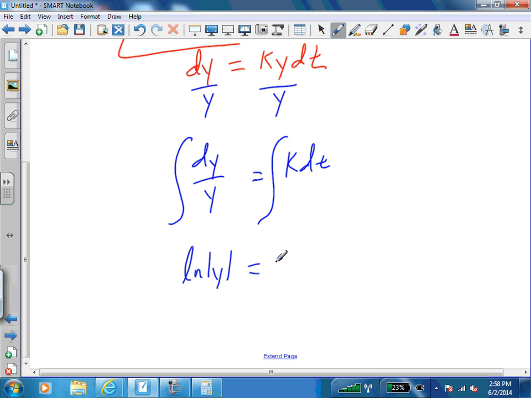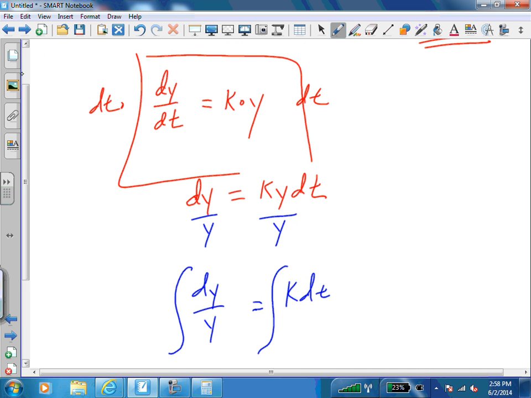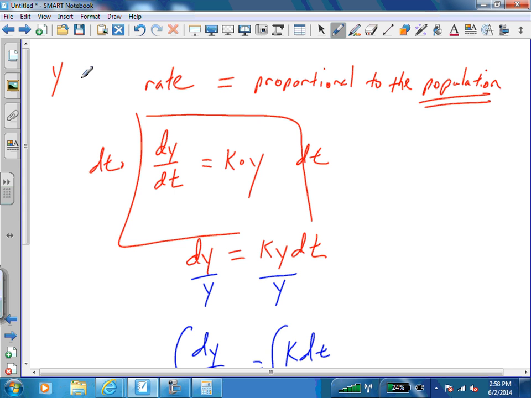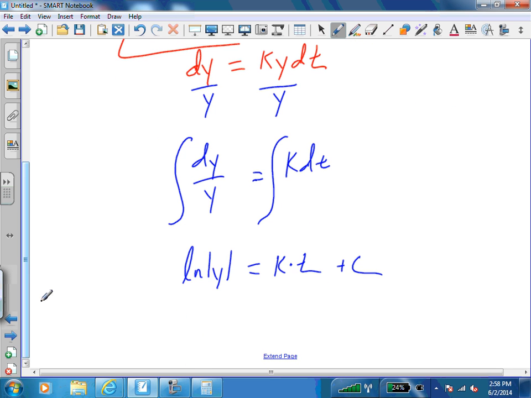So if we integrate the constant, remember we pick up our variable. Then we have a plus c. Now technically that is the antiderivative of both sides, but remember that y represents our population. So can y ever be negative? No, y can't ever be negative, so really there's not a need for those absolute values.